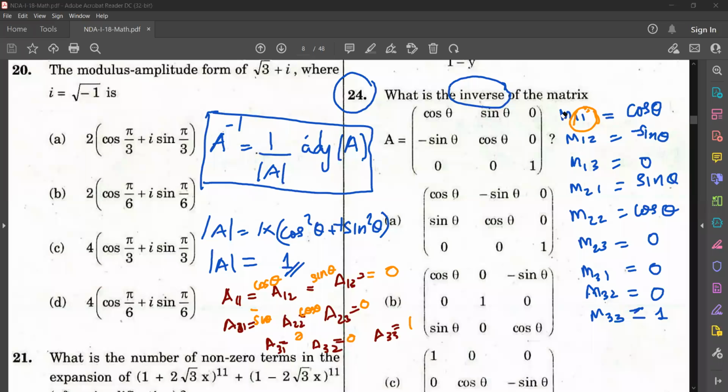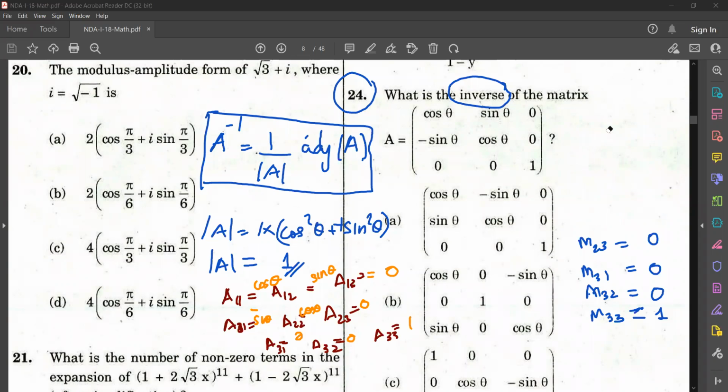Then what is the cofactor matrix? Cofactor matrix is cos theta, sin theta, 0; minus sin theta, cos theta, 0; 0, 0, 1.